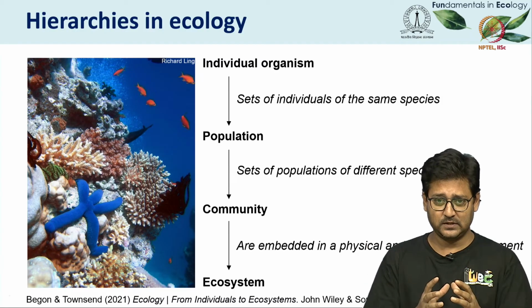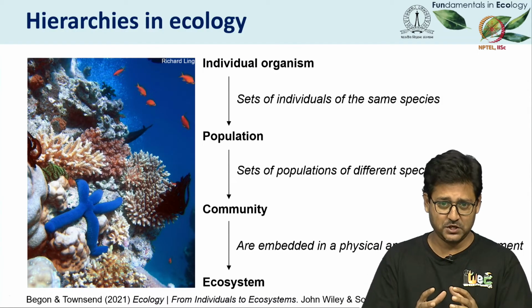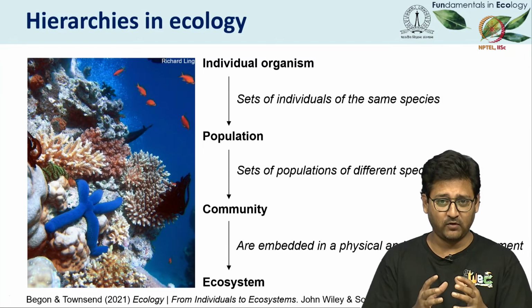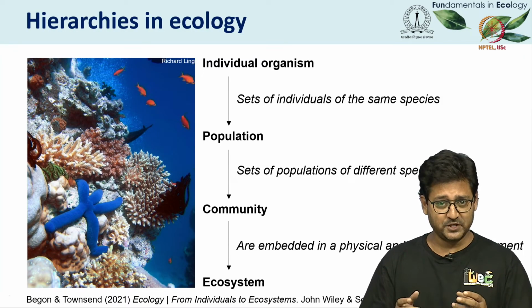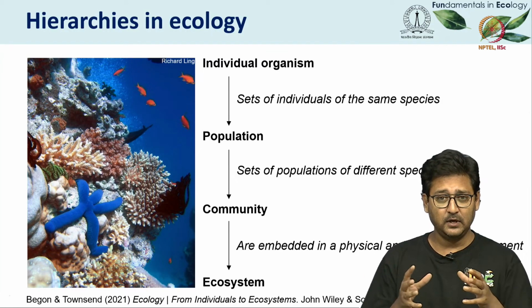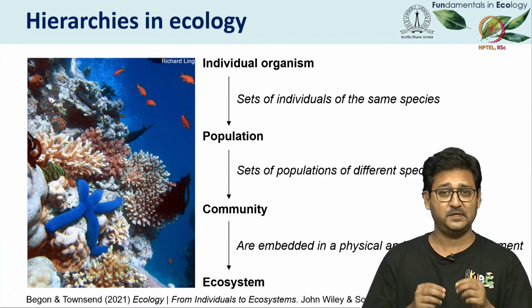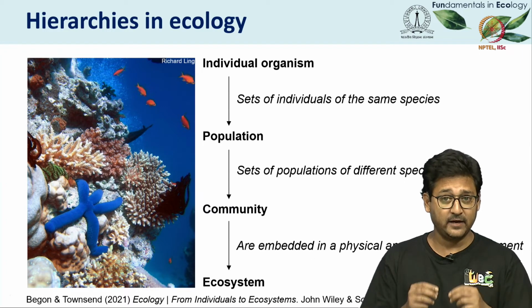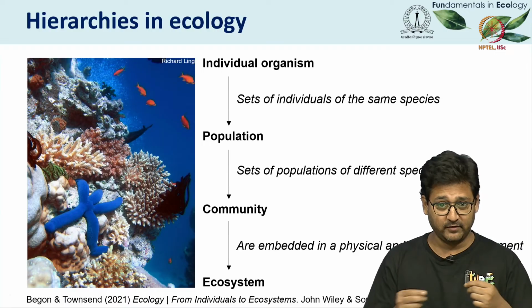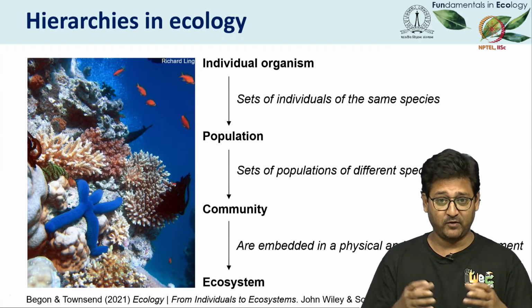Multiple individuals of the same species come together to form a population. A population, by definition, is multiple individuals of the same species that can reproduce with each other and form offspring.